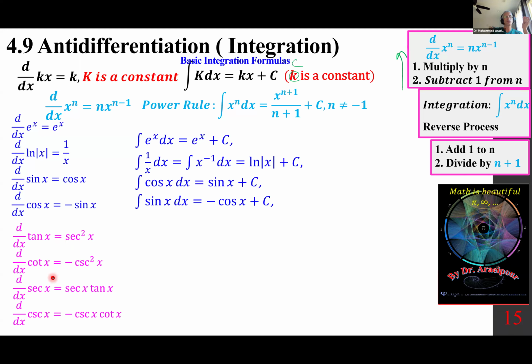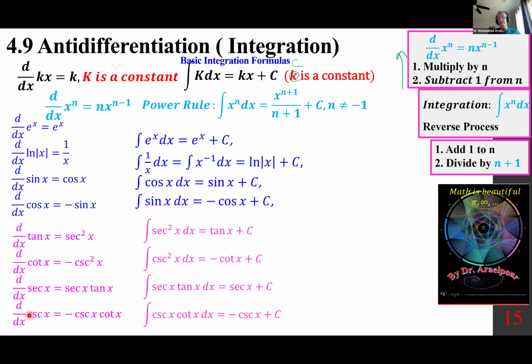If the derivative of cotangent is minus cosecant squared, then the integral of cosecant squared must be minus cotangent x and a constant. The derivative of secant is secant x tan x. So the integral must be the reverse process. The integral of secant x tan x must be secant x and a constant. And if the derivative of cosecant is negative cosecant cotangent, then the integral of cosecant cotangent must be negative cosecant x and a constant.